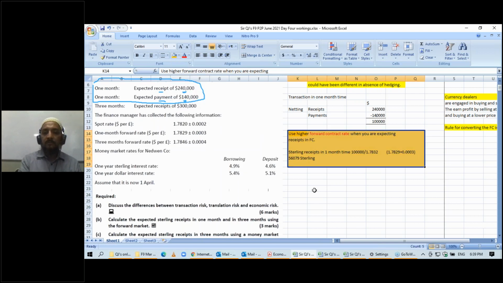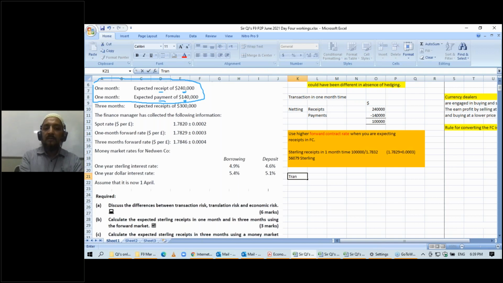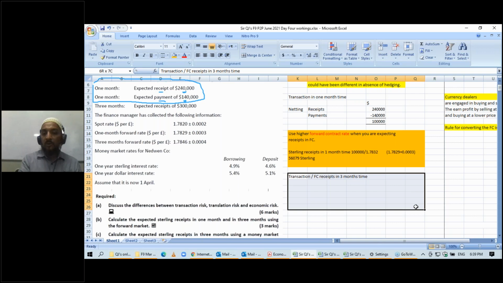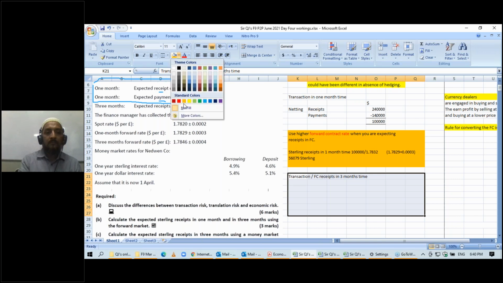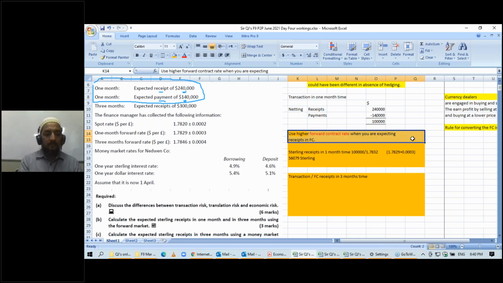Now, the transaction in 3 months' time. If the transaction receipts will occur in 3 months' time, then what? Again, you will use the higher rate because you are receiving money. So use the higher forward contract rate.